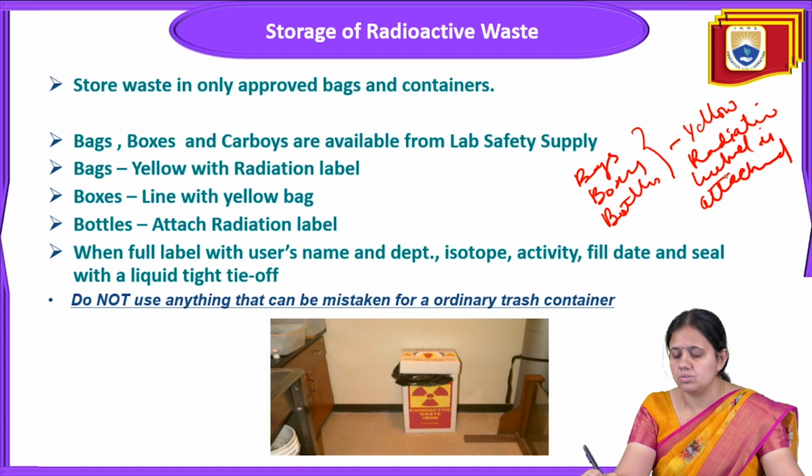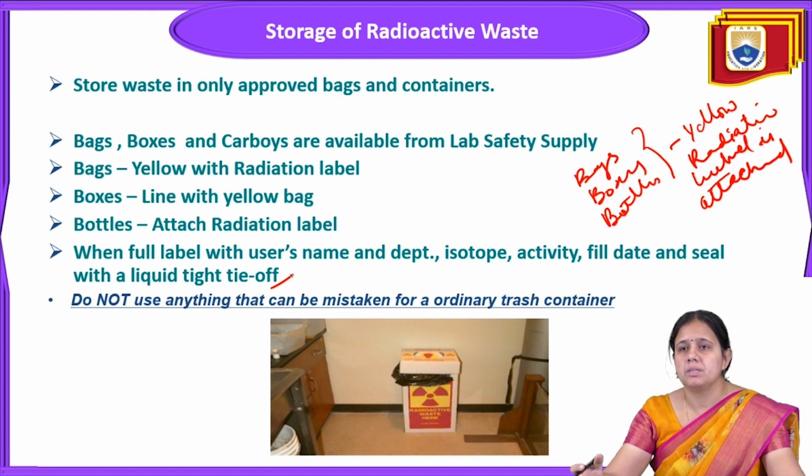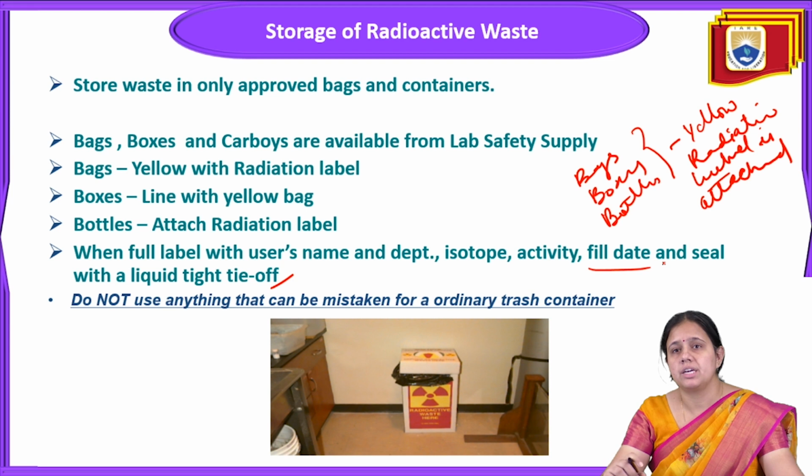The label should be filled in with the username, department, isotope, activity and date, and the container sealed with a liquid-tight lid. Do not use anything that can be mistaken for an ordinary trash container.